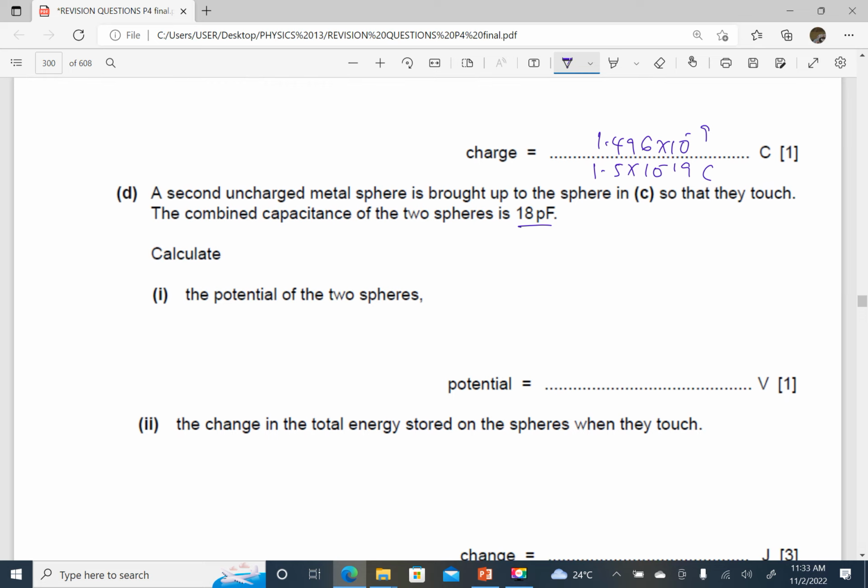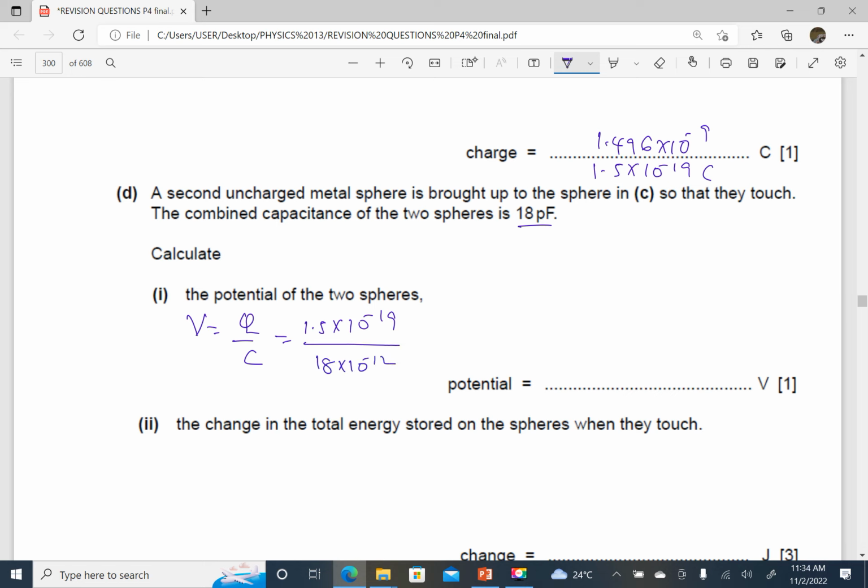Calculate the potential of the two spheres. So potential of the two spheres will be equal to the charge over capacitance. Note that the second capacitor was not charged, so total charge remains the same as the charge on the first capacitor. So the charge is going to be 1.5 times 10 power negative 19 divided by total capacitance, which is 18 times 10 power negative 12.